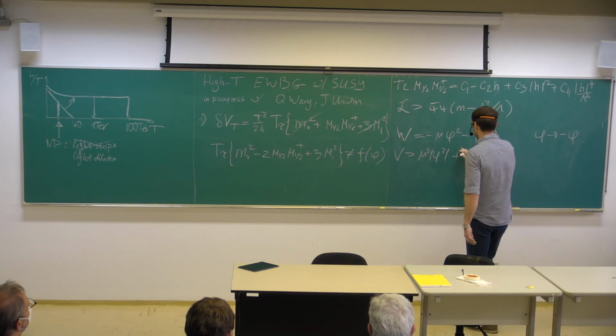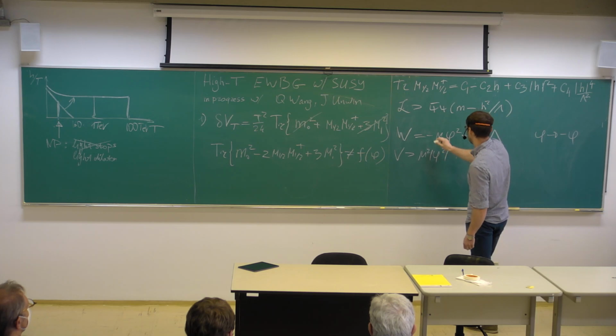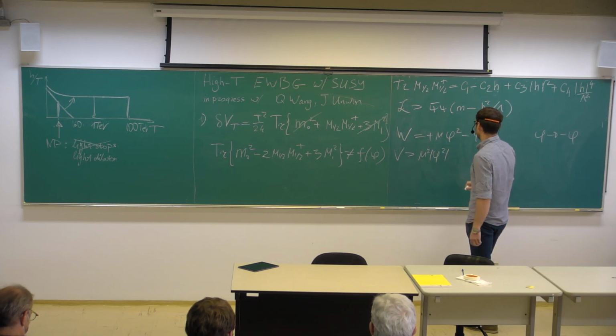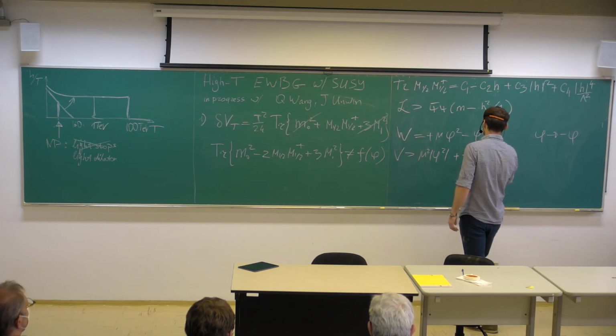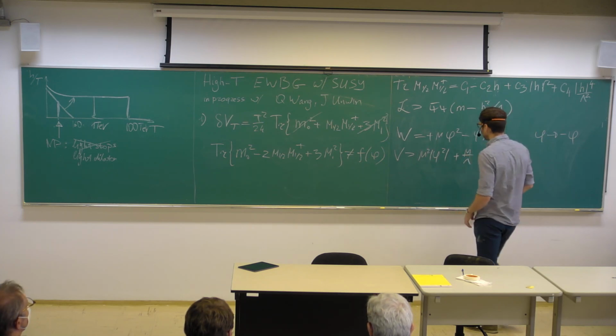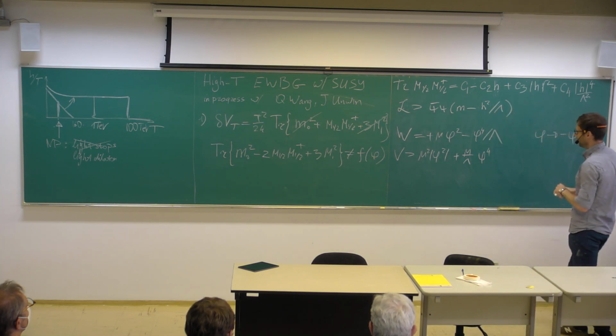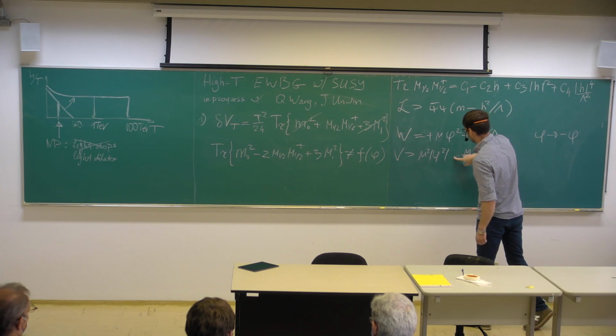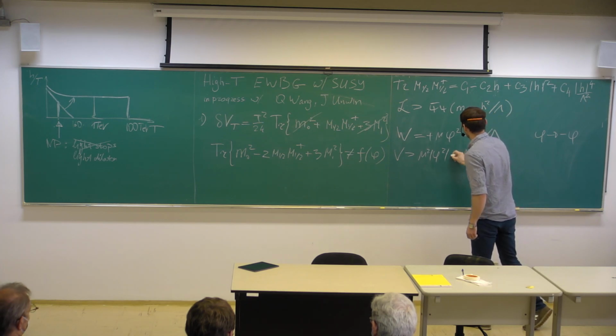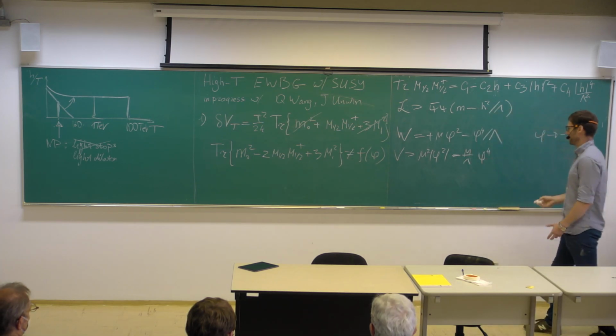Plus it will have, okay, I'll put a minus plus, let's do it like this. Again, I omit all the order 1 factors and many other details like indices. Anyway, so here, again minus. So you get a negative quartic term.